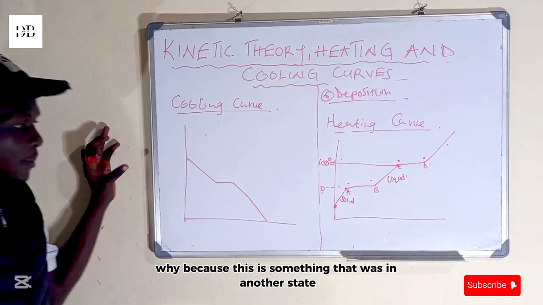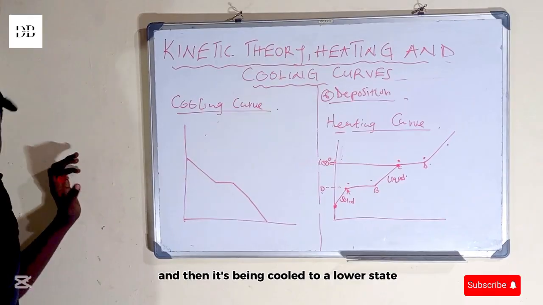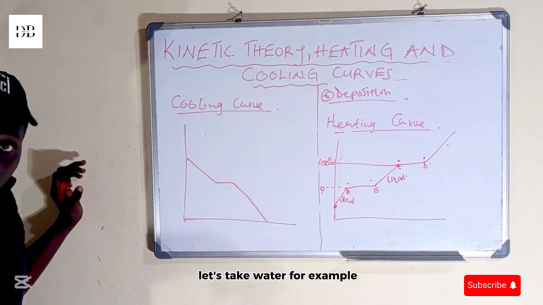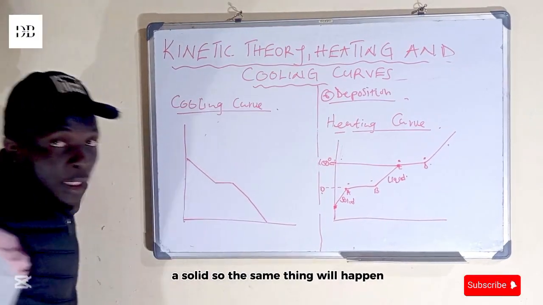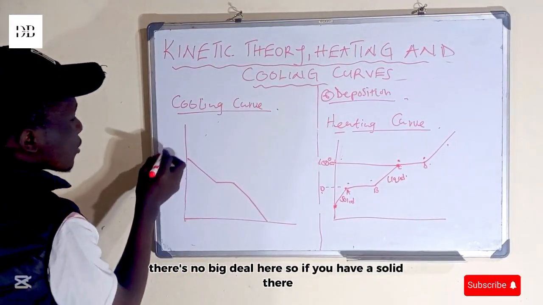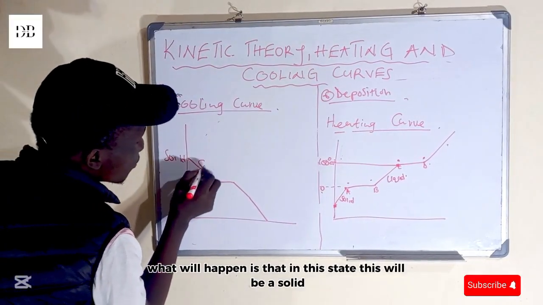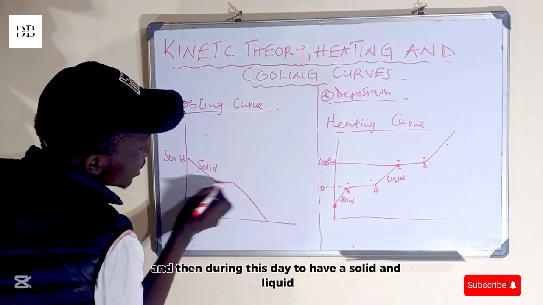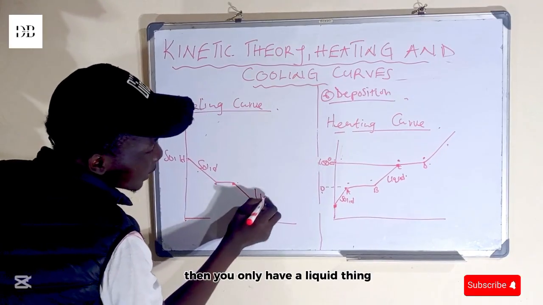Because this is something that was in another state and is being cooled to a lower state. Let's take water, for example. It's cooling so that it can become a solid. So the same thing will happen, no big deal here. In this state, this will be a solid, then during this state you have a solid and liquid, then you only have a liquid.